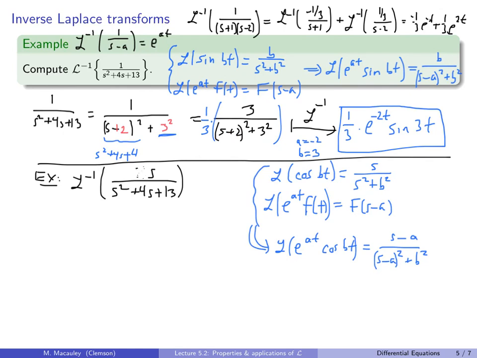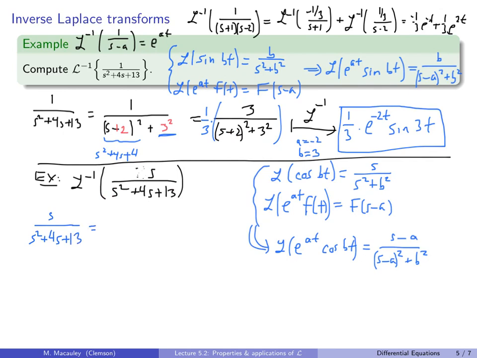So the first thing to do is we want to put this thing in that form. Well, we've already completed the square. So let's write s over s squared plus 4s plus 13.